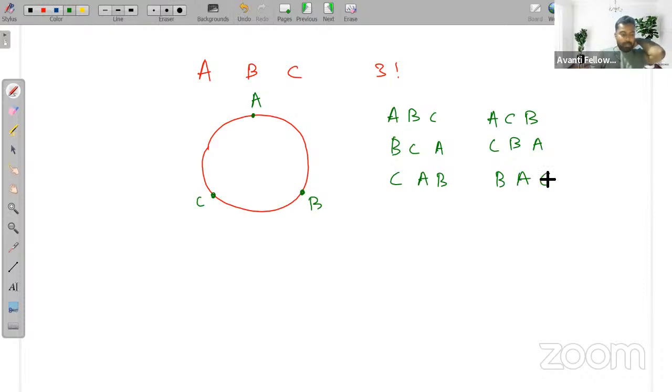So how many ways are we actually arranging? ABC, then ACB, then BAC. Are some duplicates happening or not?